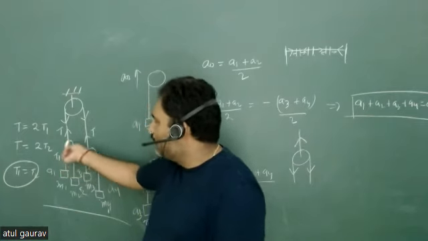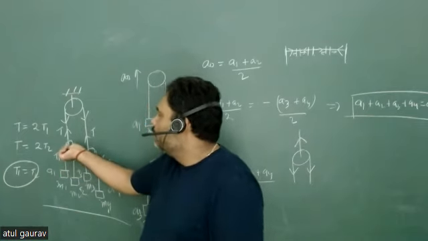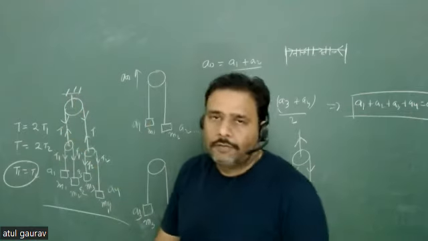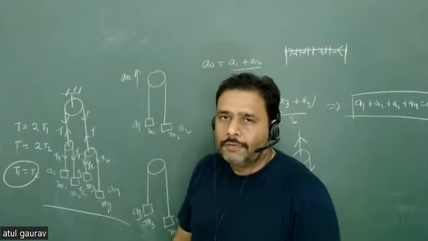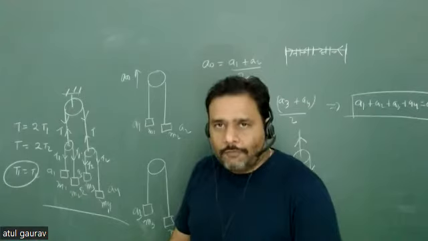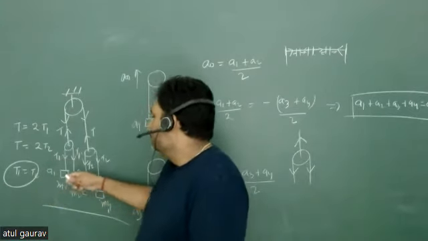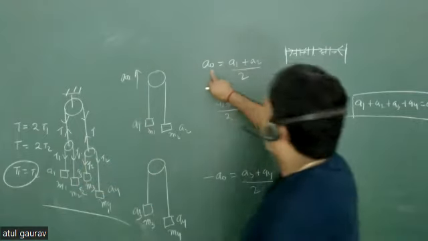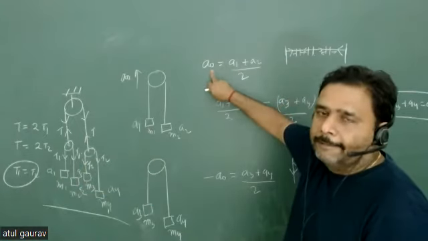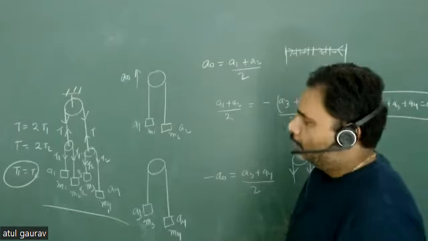It is not necessary for finding the acceleration of A naught. If you want to find the acceleration of A naught, you will find first A1 and A2, and then you can get the value of A naught, isn't it?